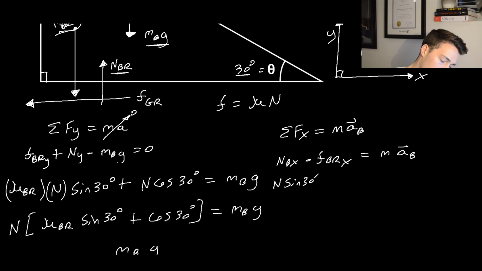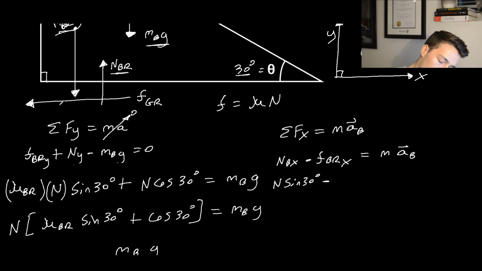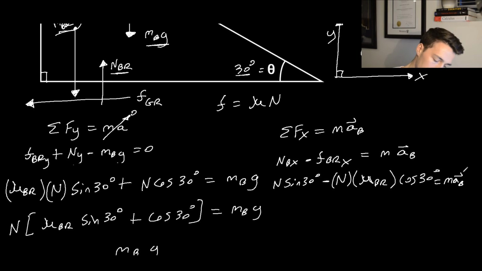And for F_BR,x, that's going to be cos of 30. So it's going to be normal force times mu BR times cos of 30, and that is equal to mass times acceleration of the block.